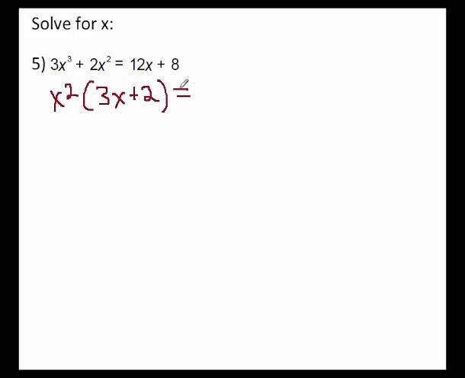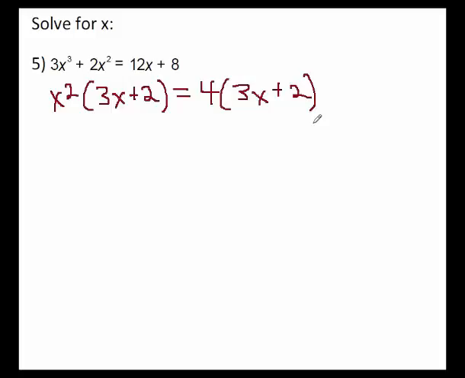And on this side, you can factor out 4 from each one, because each thing can be divided by 4. 12 divided by 4 is 3, so this term becomes 3x, and this term becomes 2.